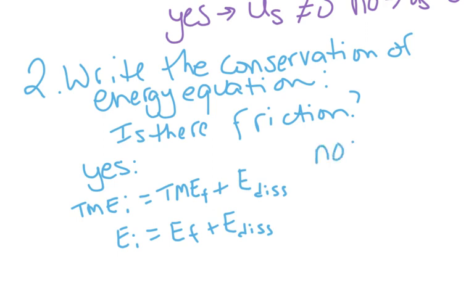If there is no friction, then the law of conservation of energy means the initial energy has to equal the final energy, okay? Or the total mechanical energy initial equals the total mechanical energy final. They're the same thing. Total energy, total mechanical energy. It's just your total energy that's in your system.